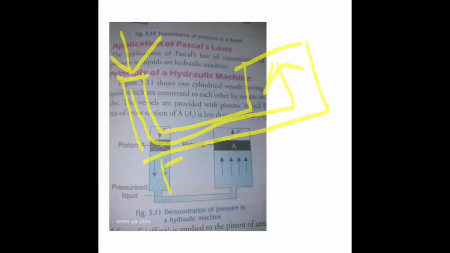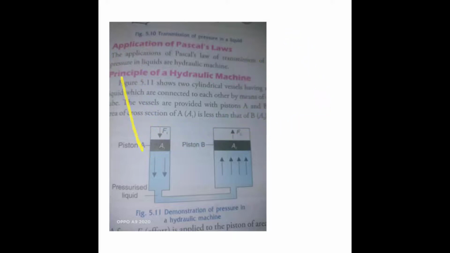When we apply a force at terminal A, pressure is F by A, that is F1 by A1. The same pressure gets transmitted in the other direction and produces a force F2 on cross-sectional area A2. So a small force exerted at one end produces a large force at the other end.